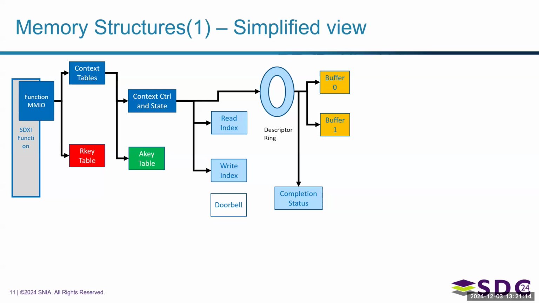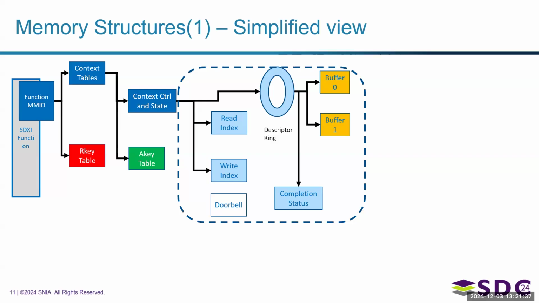If you had a remote function that wanted to reach into your local address space, any random function cannot access the local resources. So the function has to validate that the remote function is able to access the local resources, and it uses the R key table to do that.